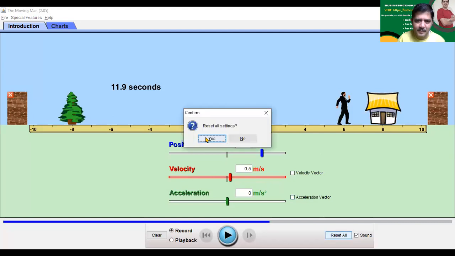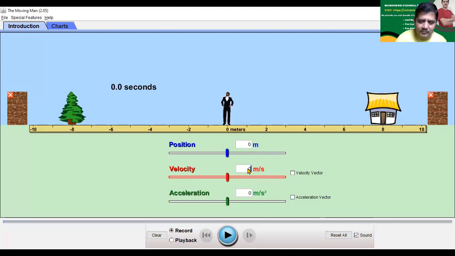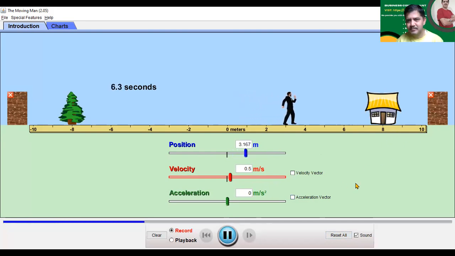Reset all. 0.5. Now what are we doing? We are doing it for 8 meters. 6 is already done.